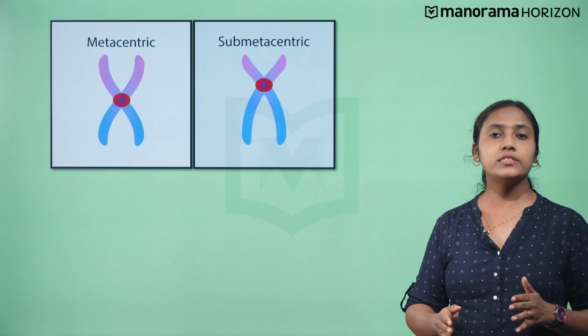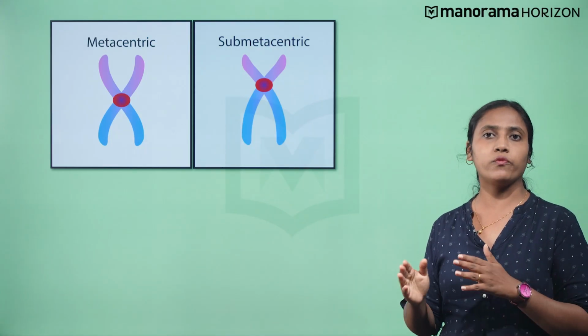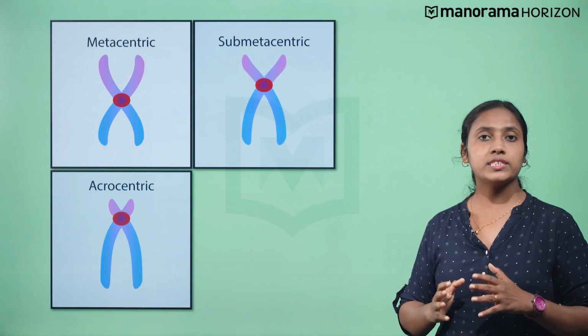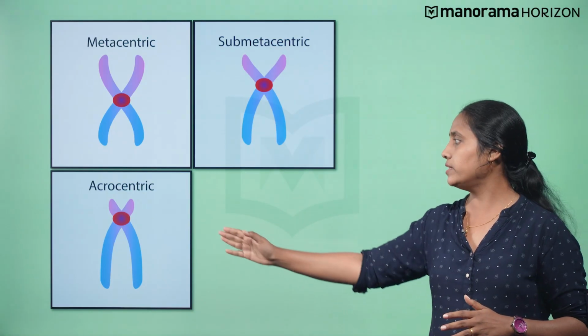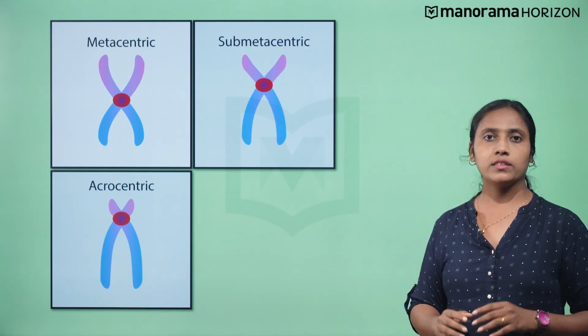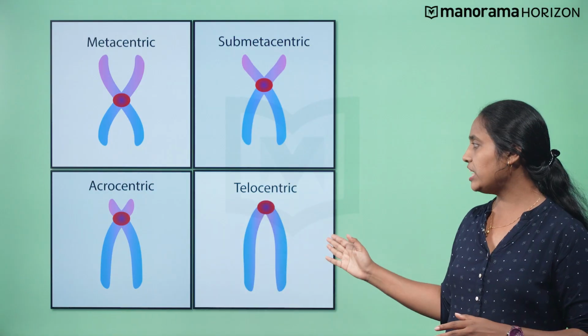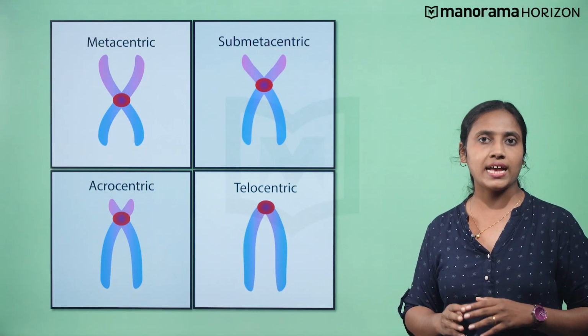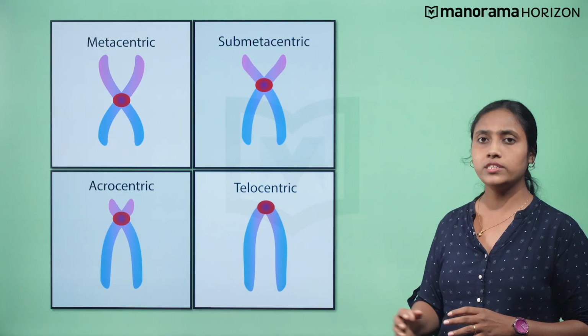When one chromatid is very long and the other very short, it is acrocentric. Here the centromere is situated near the end. The last type is telocentric, where there is only one chromatid as the centromere is at the tip.